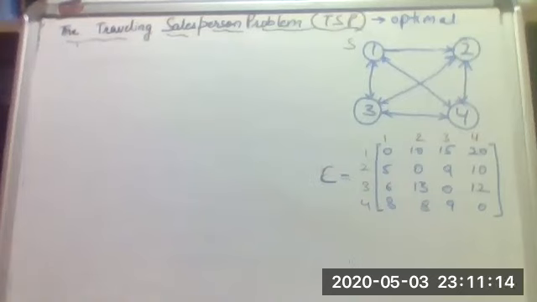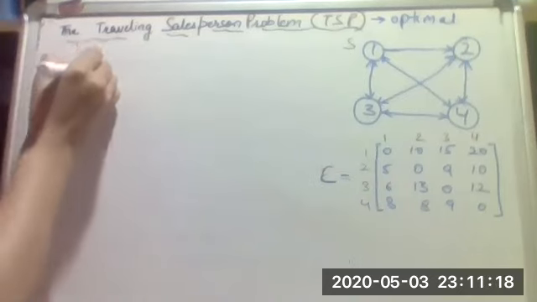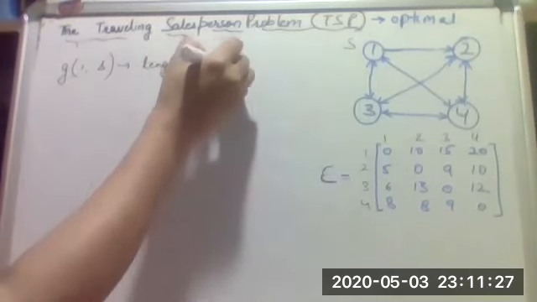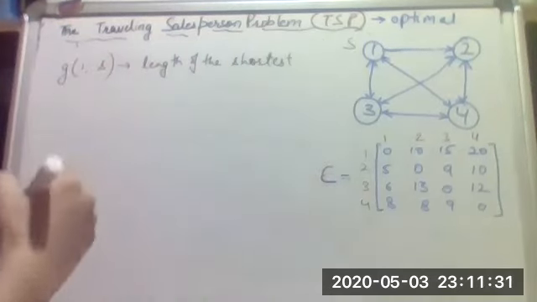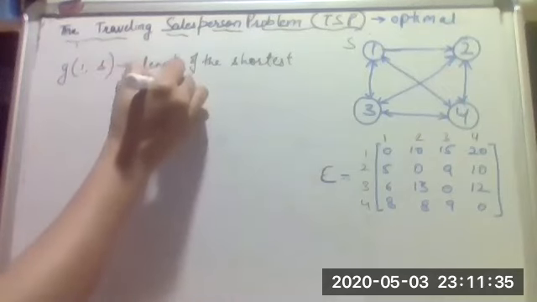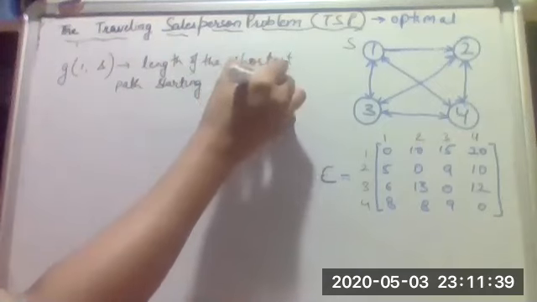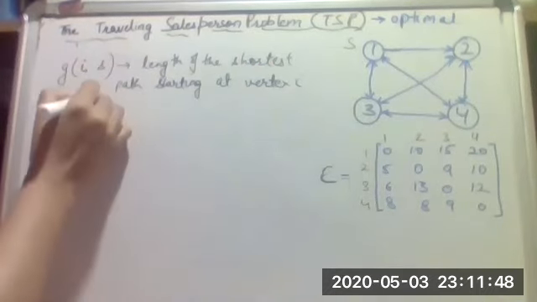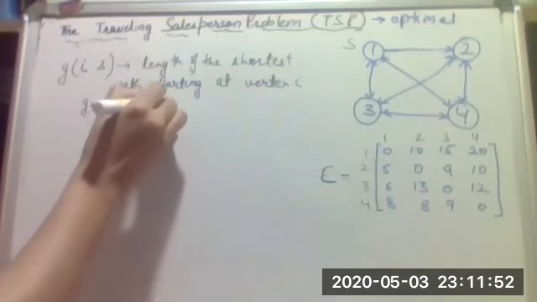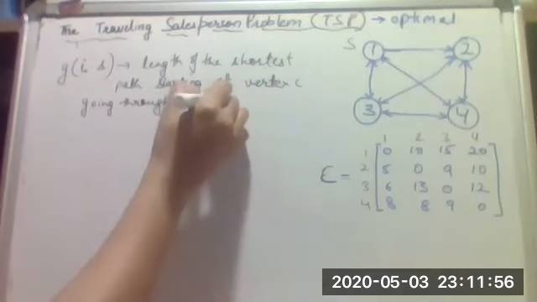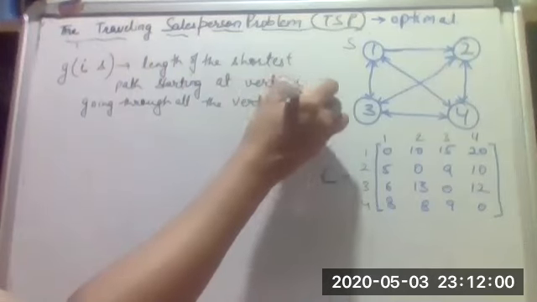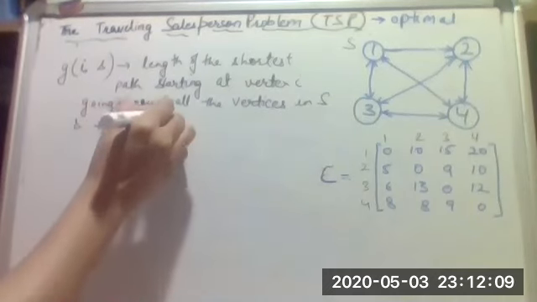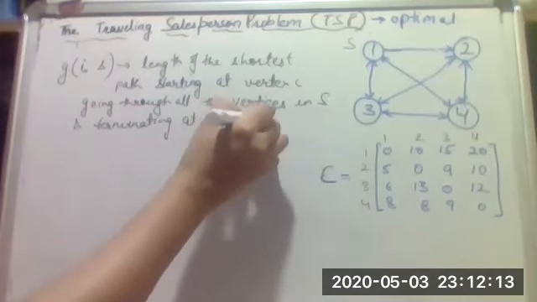So according to the principle of optimality, we have G(i, S), which means the length of the shortest path starting at vertex i, going through all the vertices in set S and terminating at vertex i again.